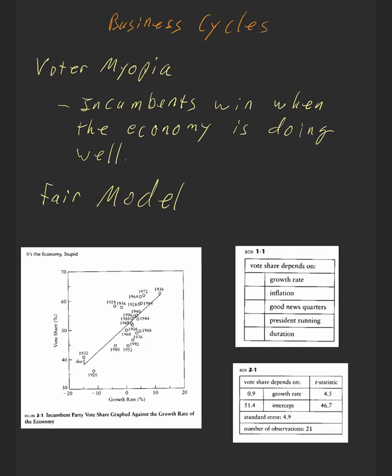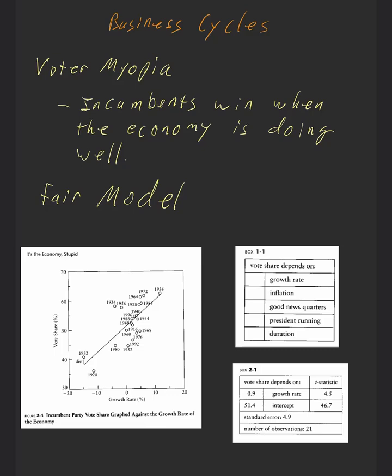Economist Ray Fair has a model that accurately predicts, as accurately as any exit poll, as any type of other model that predicts elections, simply using what the economy looks like leading up to the election.